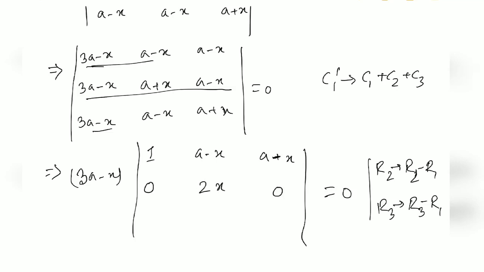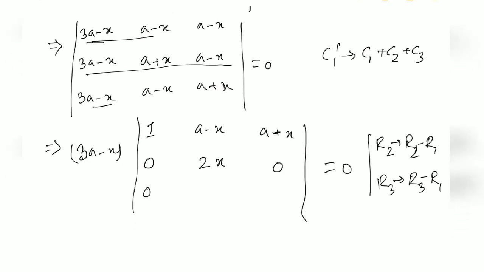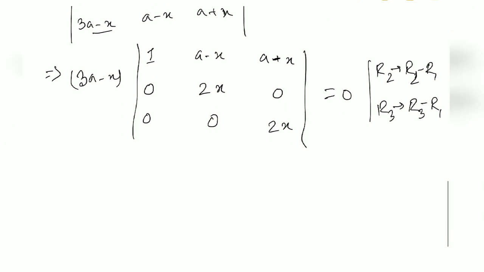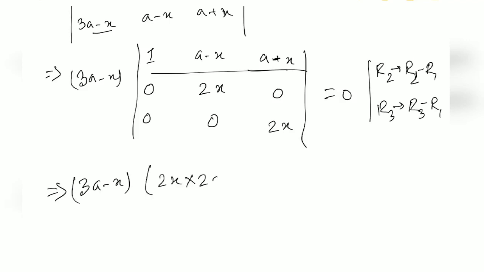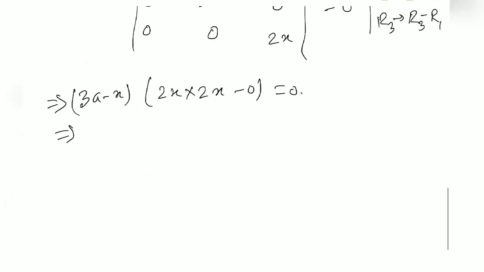Now, as you are subtracting that R2, that is R1 from R2, then you will have the following determinant. Okay. Now that you are having two zeros on the first column, you will expand it along the first column, and then you will have 4x square minus 0.